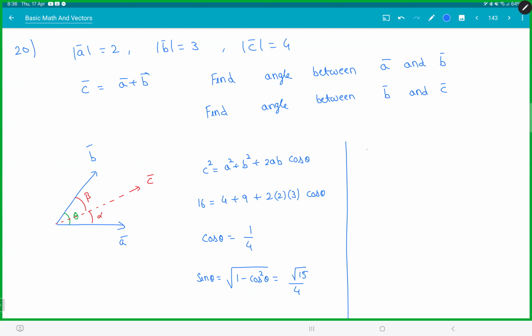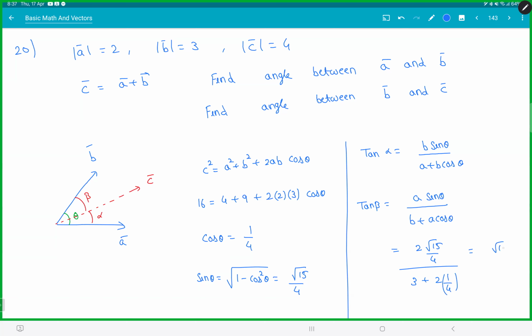Now, I didn't ask you for alpha, but if I want to find tan alpha, what was the formula? b sin theta by a plus b cos theta. The tan beta, that is the angle between b and c, is what we want to find. So b becomes a, a becomes b there, and this is the formula. You can substitute here: a is 2, sin theta is root 15 by 4, by b is 3 plus 2 cos theta, which is 1 by 4.